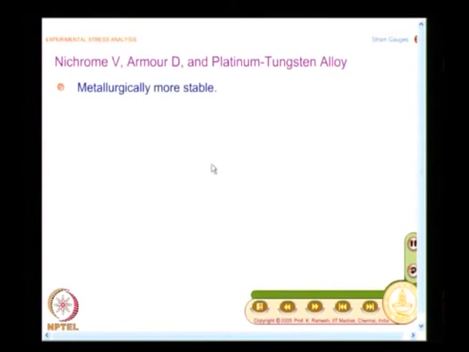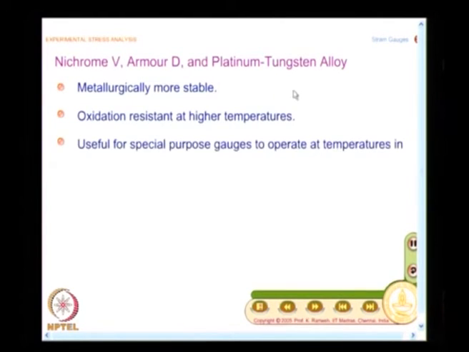Then you have the special alloys Nichrome V, Armour D and platinum tungsten alloy. If you look at it, these are suitable for high temperature applications in excess of 260 degrees centigrade. They are metallurgically more stable at high temperature and also oxidation resistant at high temperatures. Measurement of strain at high temperature is becoming an important issue.